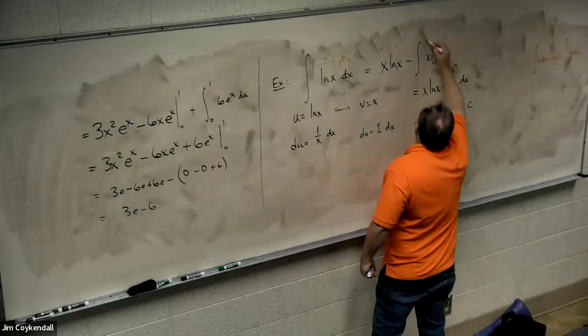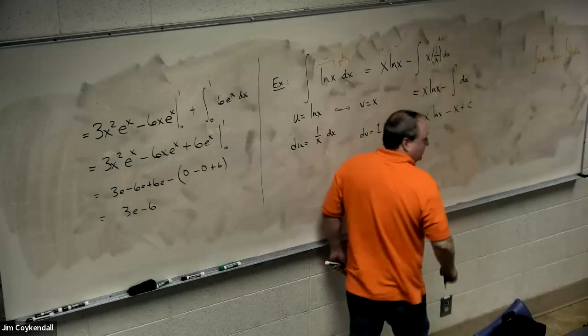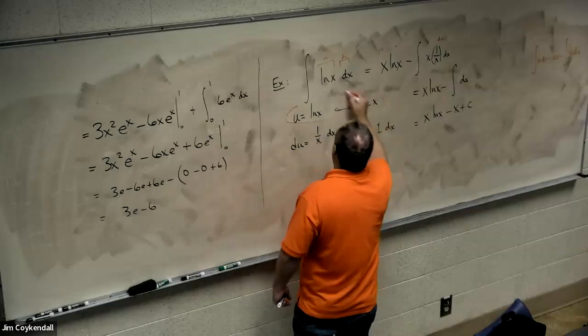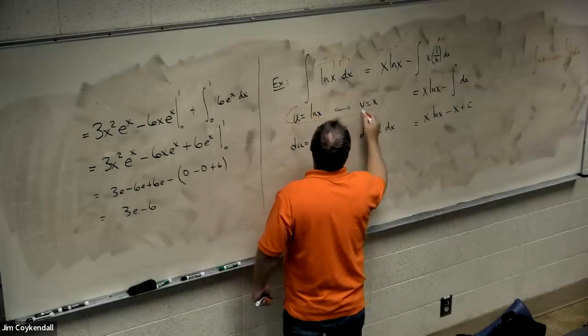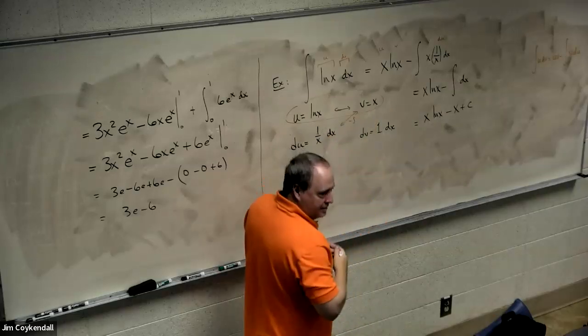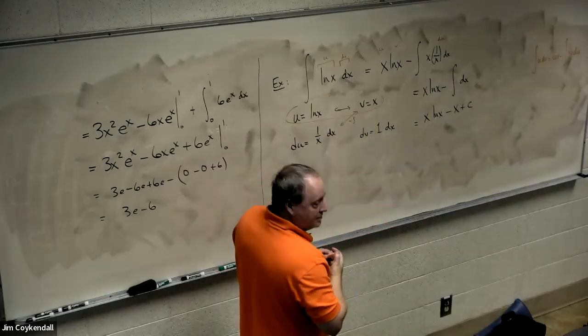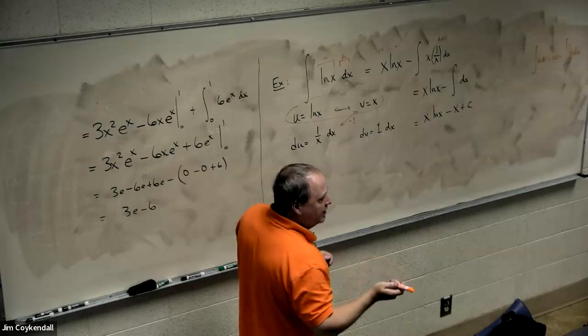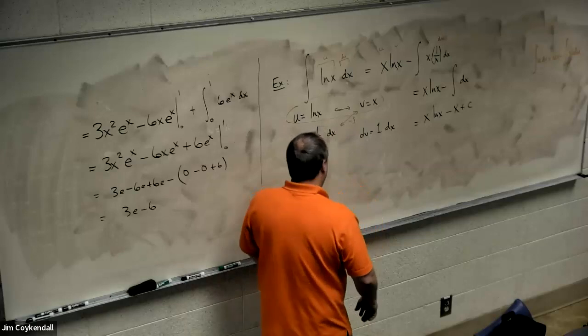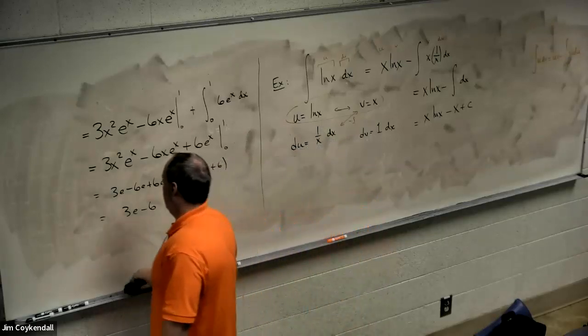And this is v du. So it's the product of these two minus this integral. Is that what you're asking? Like this.